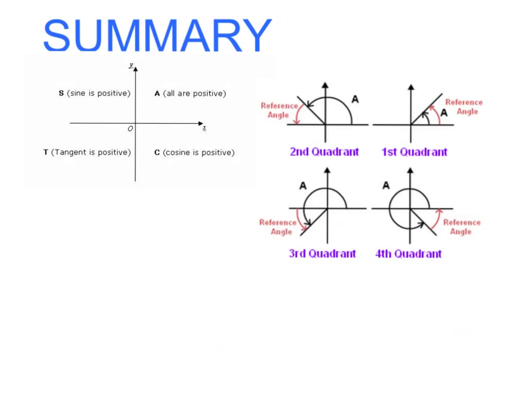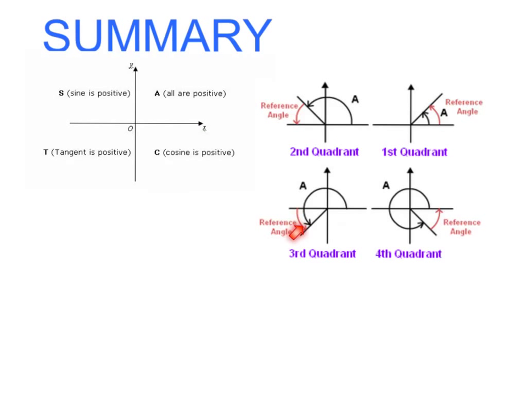Okay, so in summary, what you learned was that all trig functions are positive in the first quadrant, sine in the second, tan in the third, and cosine in the fourth. And you learned that a reference angle is the angle that's formed by the terminal side of an angle and the x-axis. So here's the reference angle.